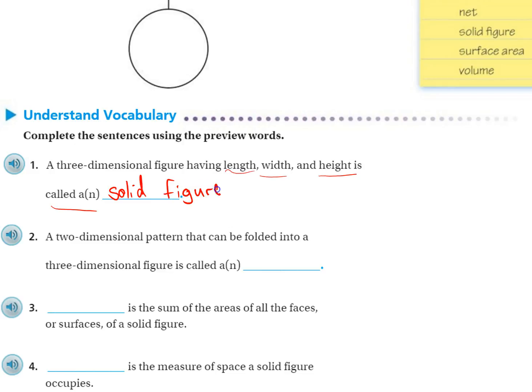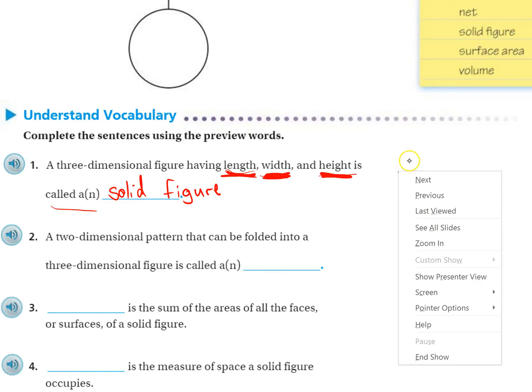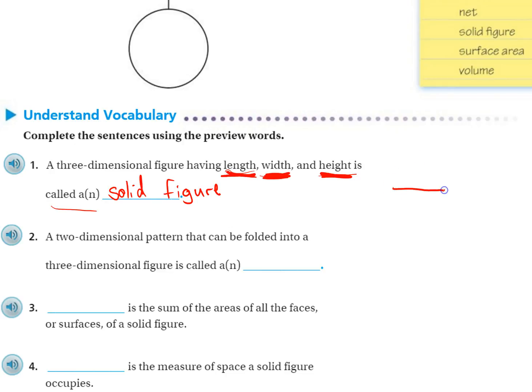Solid figure. It's three dimensions because it has length, which would be one of the dimensions, width would be another dimension, and height is the third dimension. So that's why they're three-dimensional. So if we think about a cube as a solid figure, it has length, it has width, and then the last is it needs to have height.